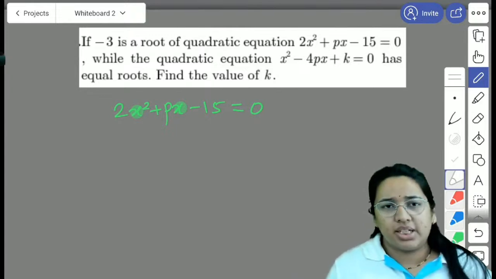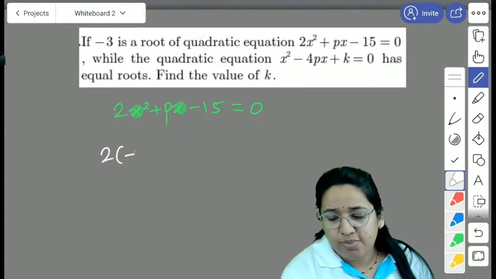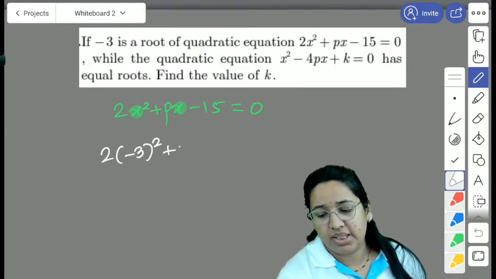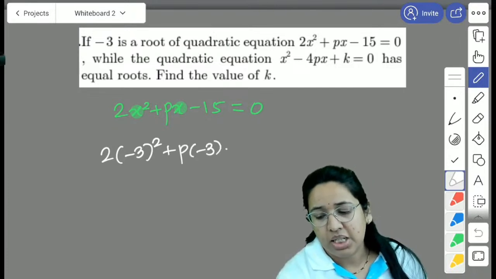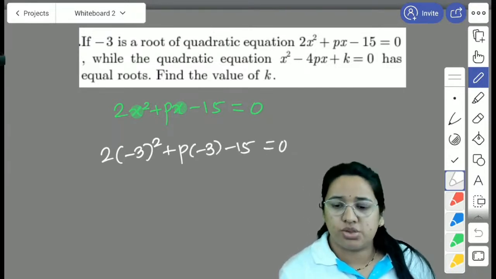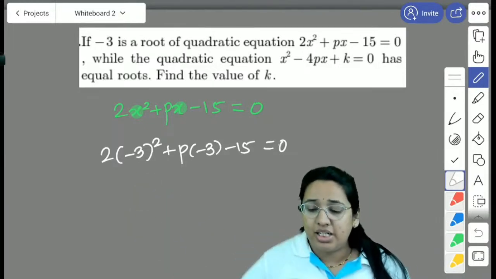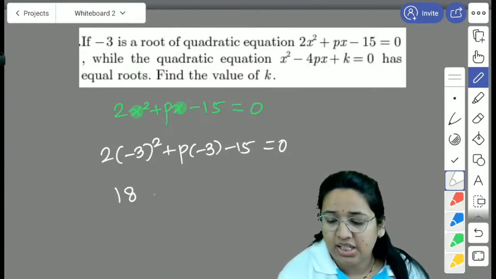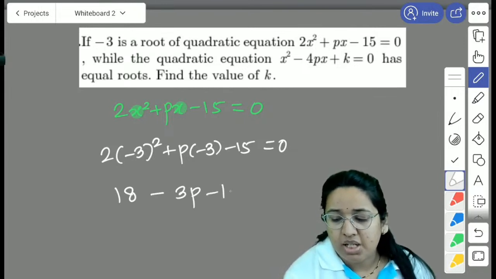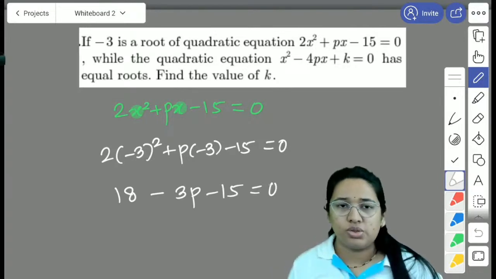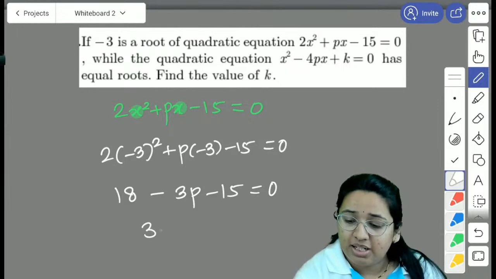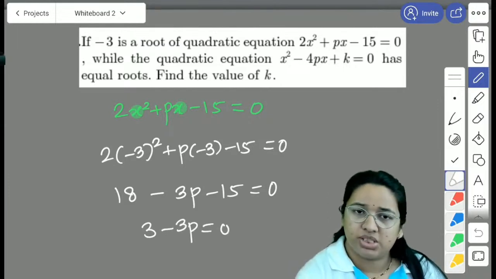The equation is satisfied, that is 2 times of minus 3 square plus p times of minus 3 minus 15 equals to 0. So minus 3 square is nothing but 9. 9 2s will give us the answer as 18. Minus 3 times p minus 15 equal to 0. So you will get 3 minus 3p equals to 0.